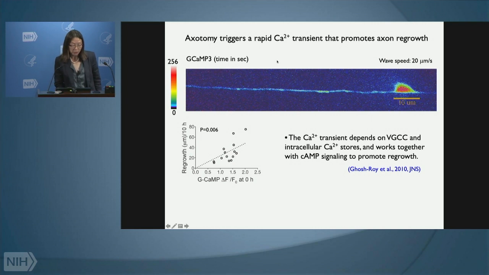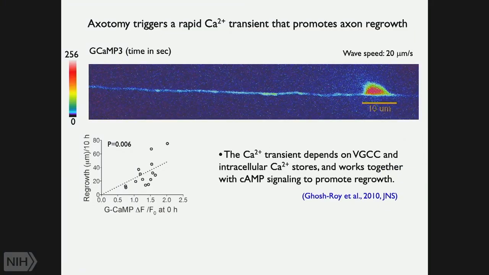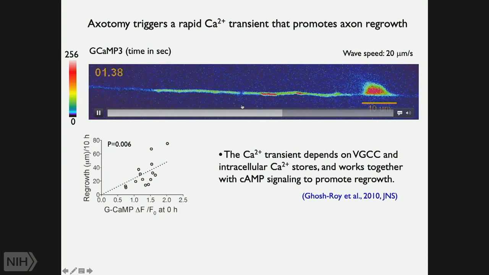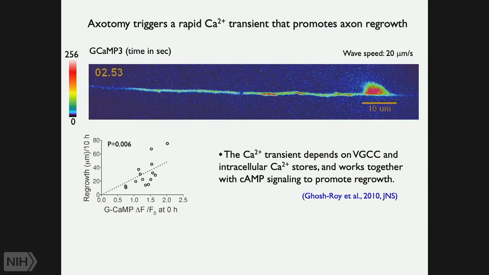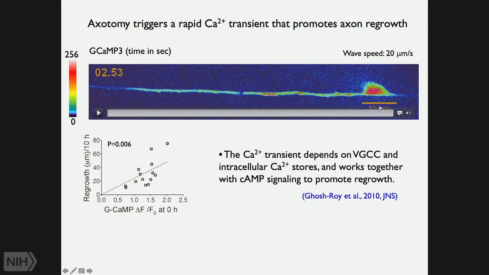So in early studies about a decade ago, we expressed GCaMP, a calcium sensor, in C. elegans neurons. As you see here, following laser severing, you see a transient calcium rise as an orange color that bifurcates towards both the distal axon and the soma.